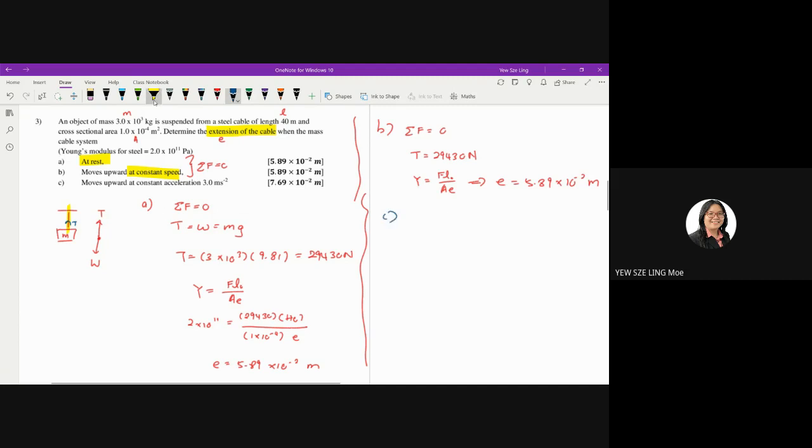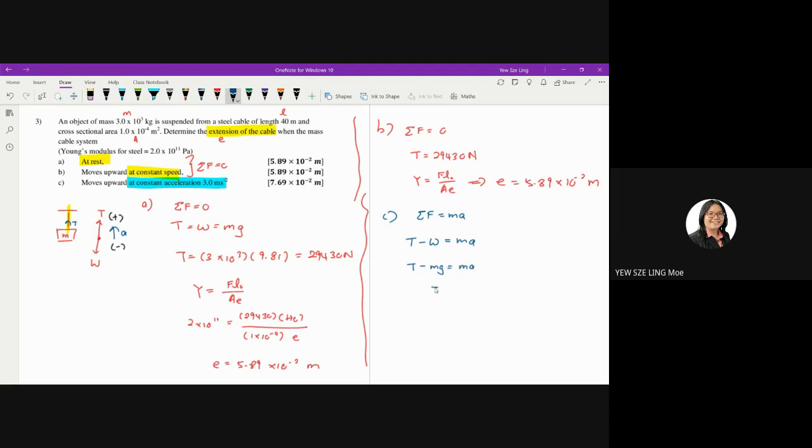Then how about question C? Now, in question C, you have an object that is moving, but it is not moving at a constant speed anymore. It is moving at constant acceleration. So if your object is moving at constant acceleration, then you need to apply Newton's second law, which is the summation of F equals ma. And it says moving up. So if your object is moving up with an acceleration, then we take upward as the positive direction and downward as the negative direction. If you expand the equation, then T minus W equals ma, then T minus mg equals ma.